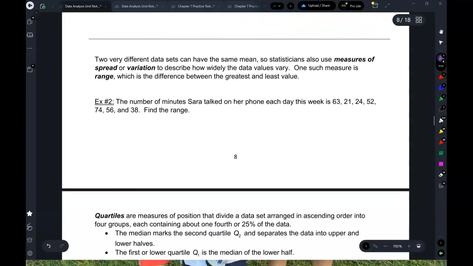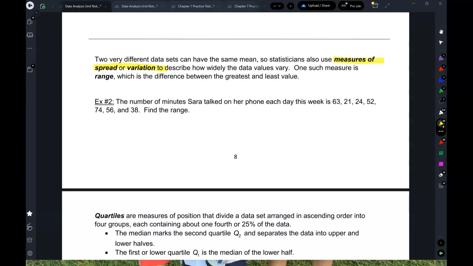Now, sometimes there is another way to analyze data, and that is called measure of spread or variation. It's like, now you've found the center. How close to the center are your scores? So for example, suppose there are 100 tests and the average is an 87.